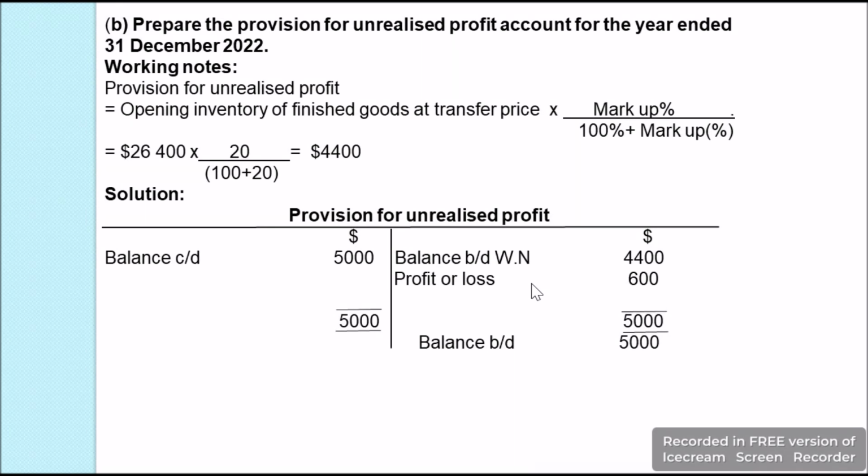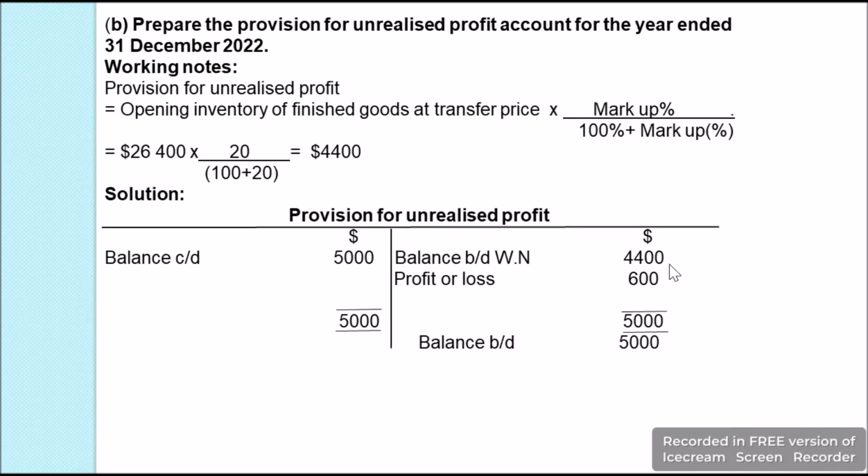Whenever there is an increase in provision, that means there is an increase of unrealized profit which has to be deducted from our profit. And whenever there is an increase in provisions or in liabilities or in capital, it will be credited. Hence we have credited this because this leads to an increase in provision.